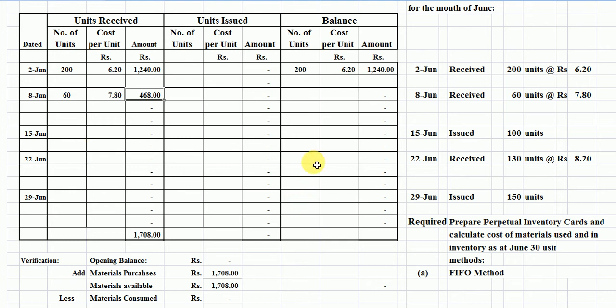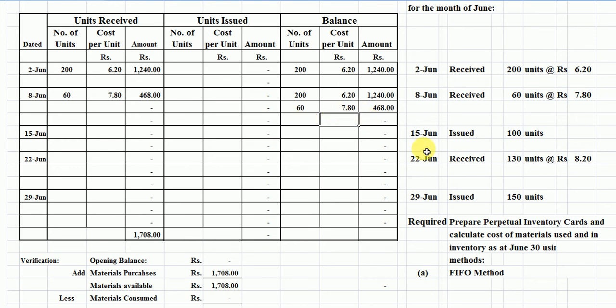Now, in balance column we have to record the previous lot of 200 units at 6.20, and the current lot of 60 units at 7.80 per unit, the amount 468 rupees. Now we have a current balance of stock of 260 units here, but the costs are different in them.